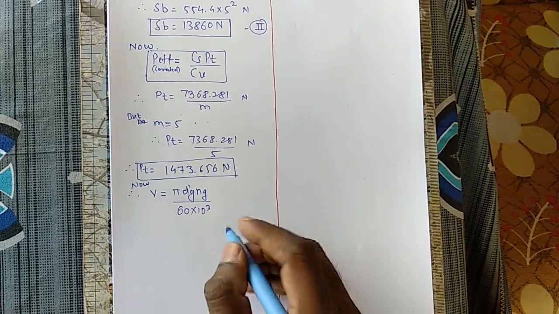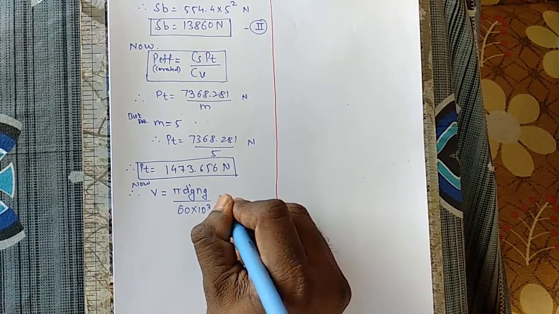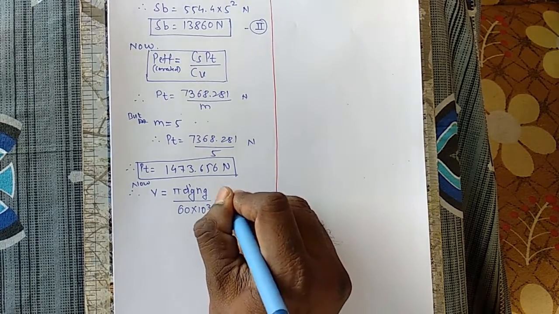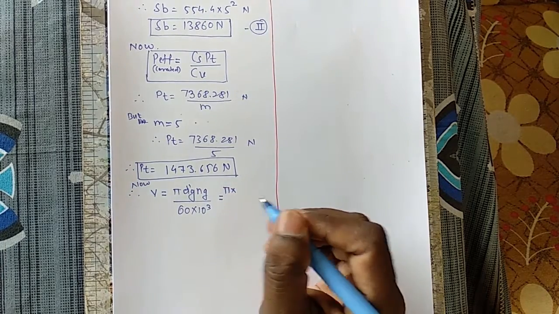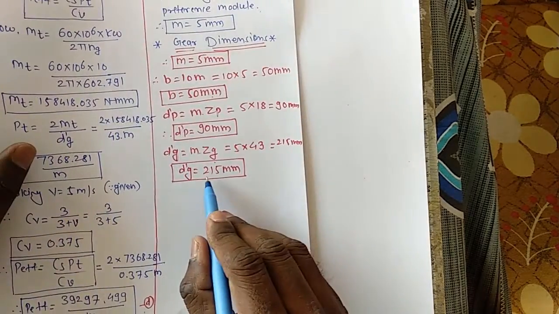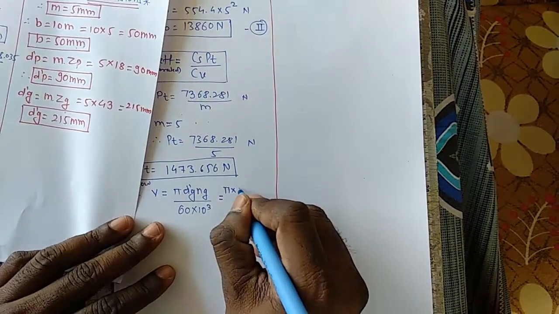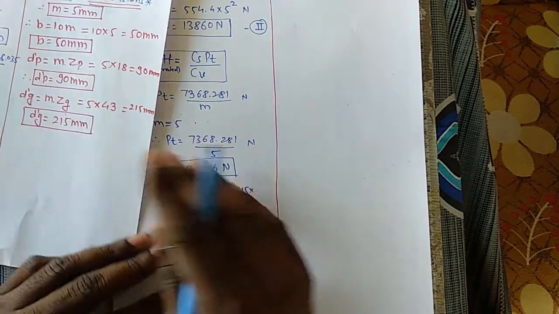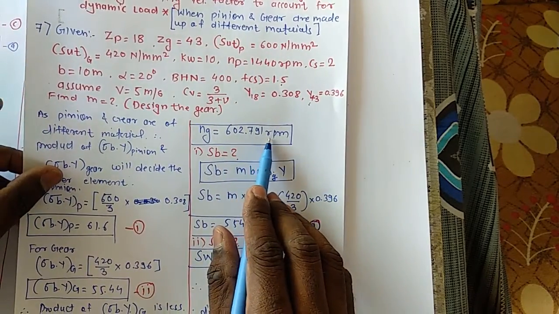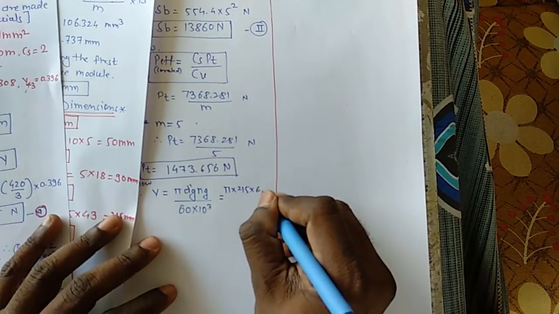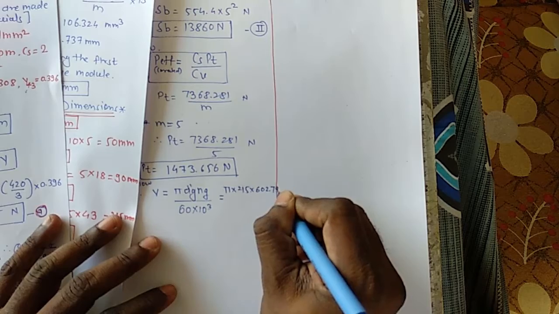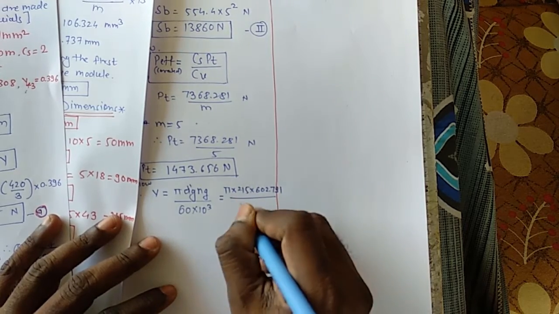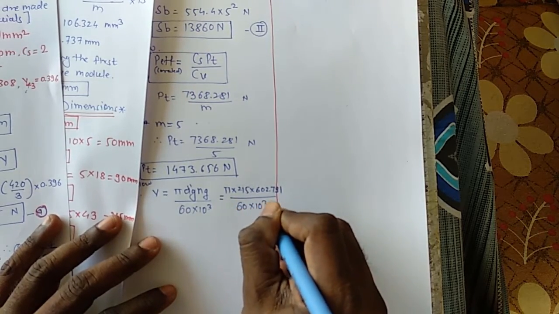So we will calculate V, and this V will be the corrected value of V because initially we have assumed V. So V is equal to pi d dash G, and d dash G is 215 into NG. NG means RPM of gear, which is 602.791, divided by 60 into 10 raised to 3.